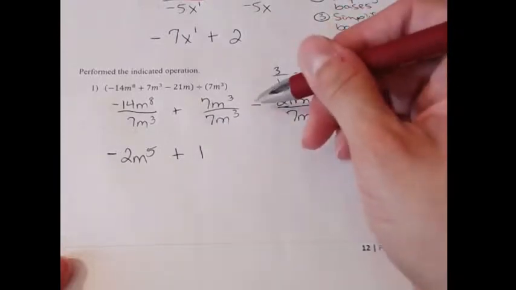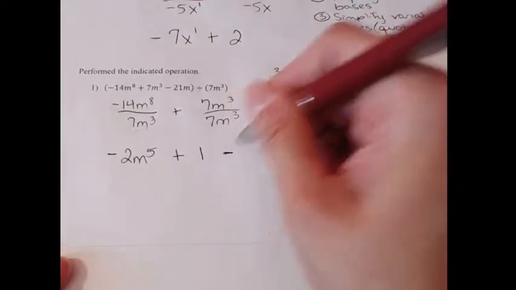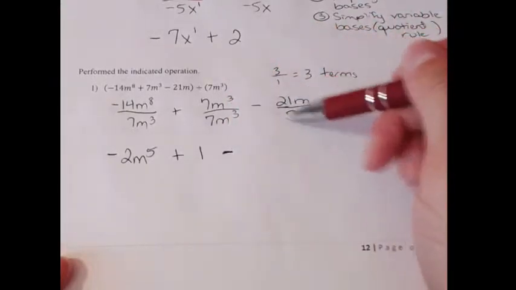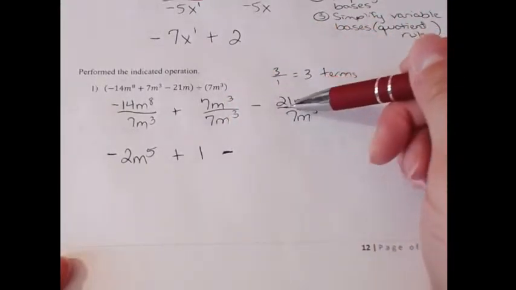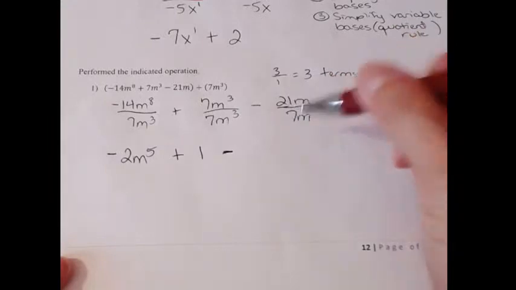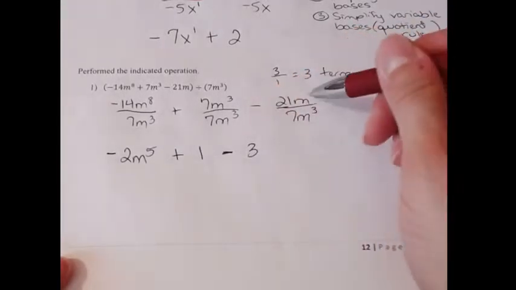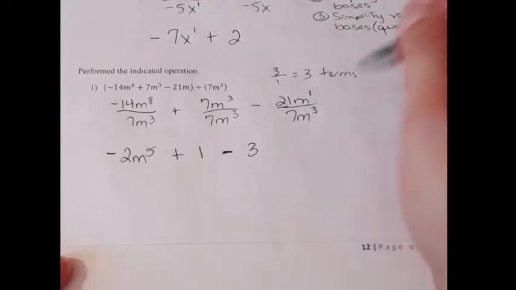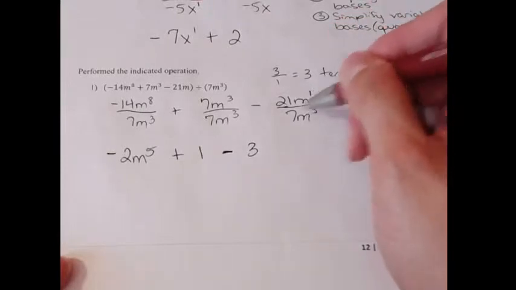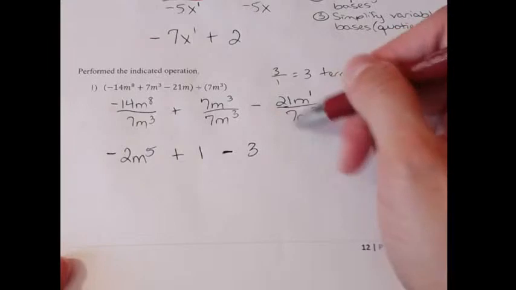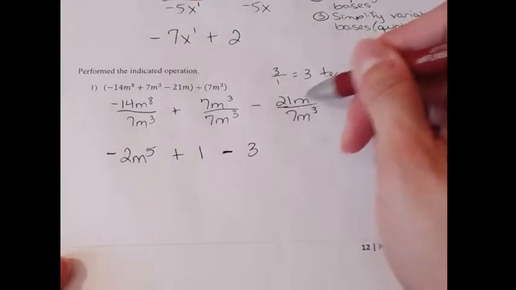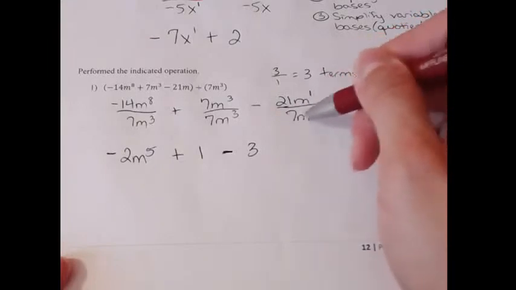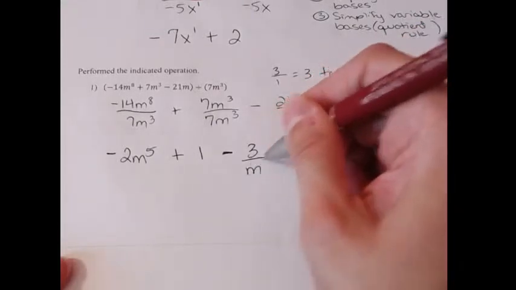Perfect. A negative divided by a positive is a negative. And then let's simplify. We have 21 over 7, which leaves us with 3. And then notice we have an m to the 1st in the numerator, but m to the 3rd in the denominator. So when we apply the quotient rule, we see that this m goes away, leaving us with 2 m's in the denominator.